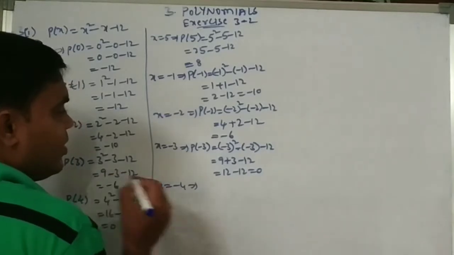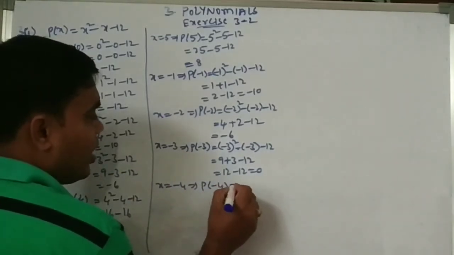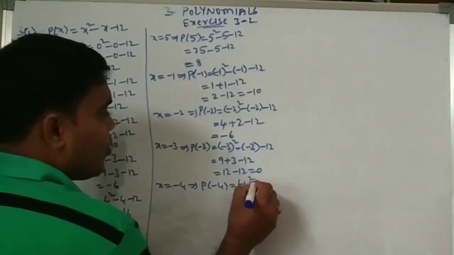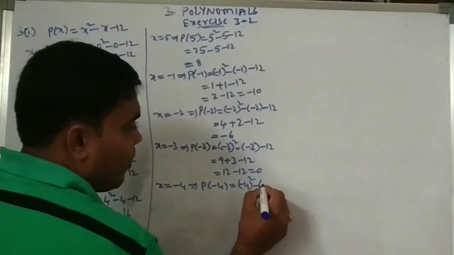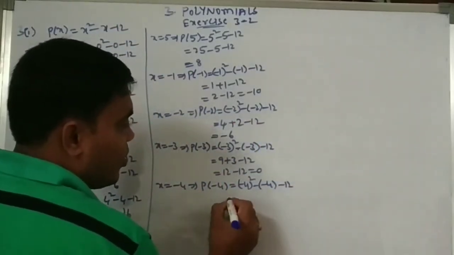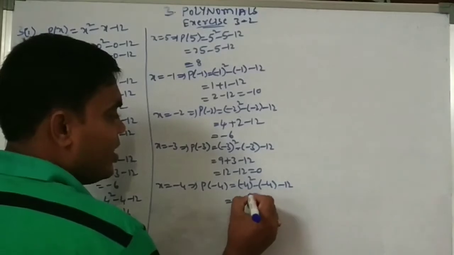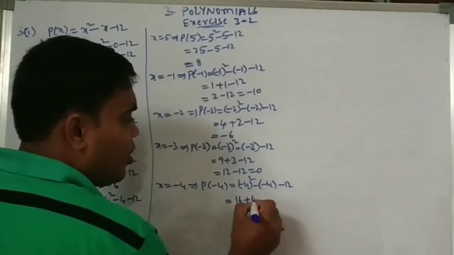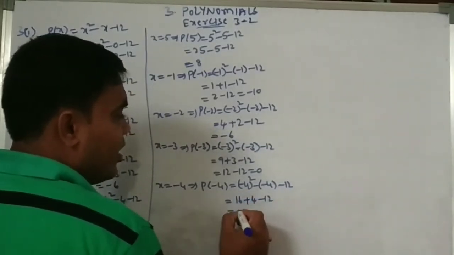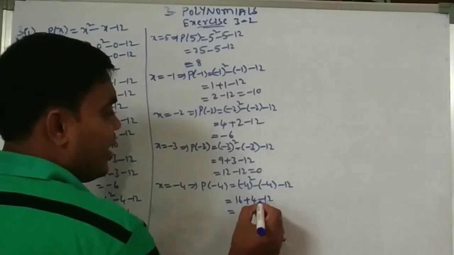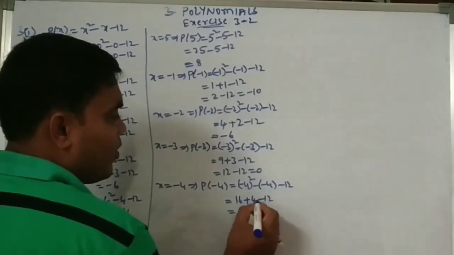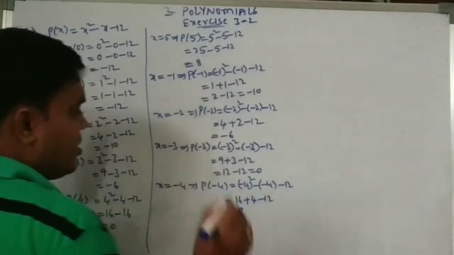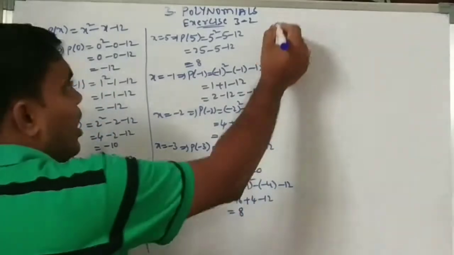P of minus 4 equals minus 4 whole squared, minus of minus 4, minus 12. Minus 4 whole squared equals plus 16, plus 4, minus 12. 16 plus 4 is 20, minus 12 is 8.